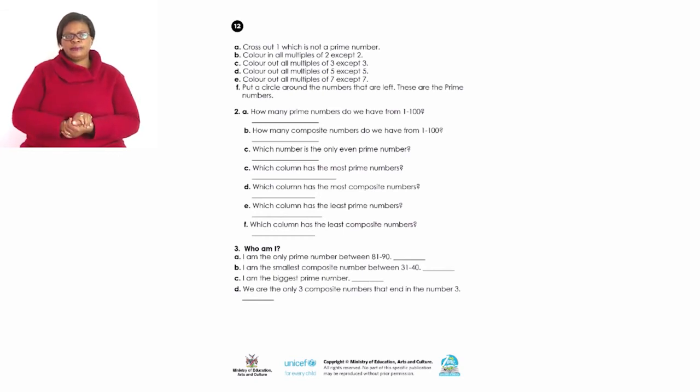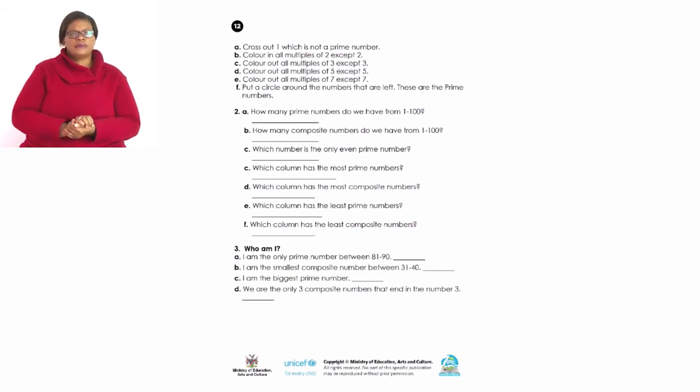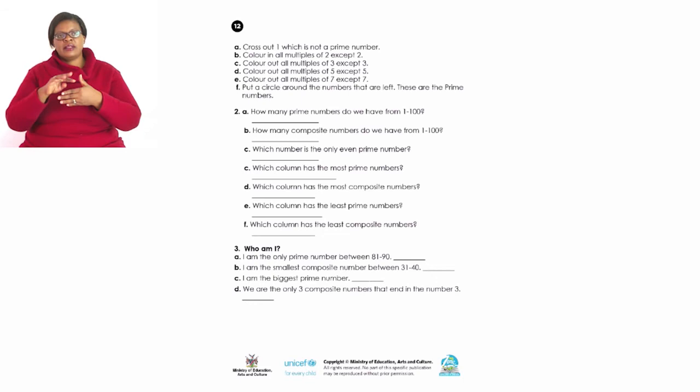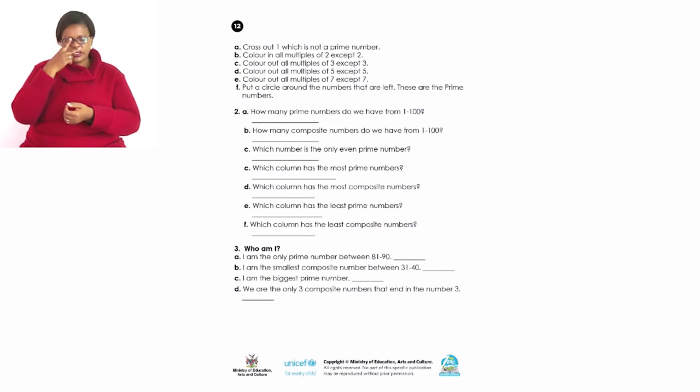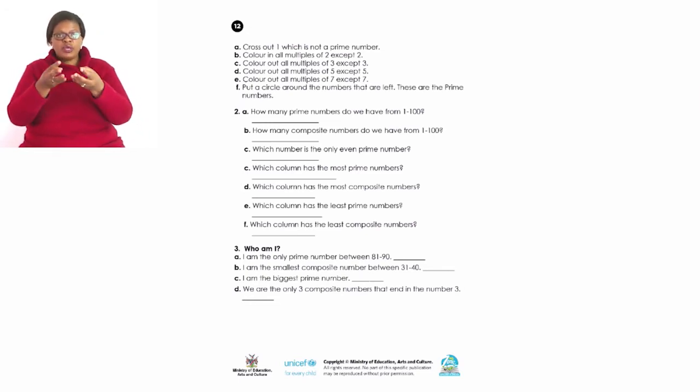Once you are done coloring your activity and encircling, now we do question 2. It asks how many prime numbers we have from 1 to 100. Okay? So you go back to your table, and you look at those numbers that you encircled. How many are they? Okay?